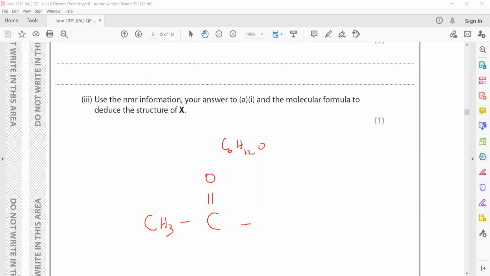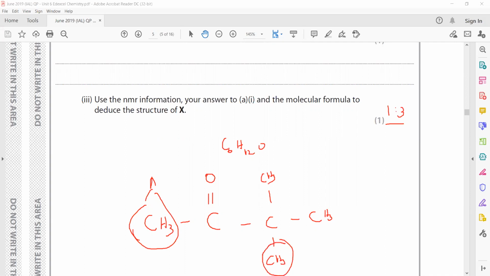According to the question, we are getting two singlet peaks and the ratio is 1:3. If I say this is environment A, having 3 hydrogens, the other environment will have 9 hydrogens. How can the other environment have 9 hydrogens and still be a singlet? It means the carbon attached next to this has 3 methyl groups.